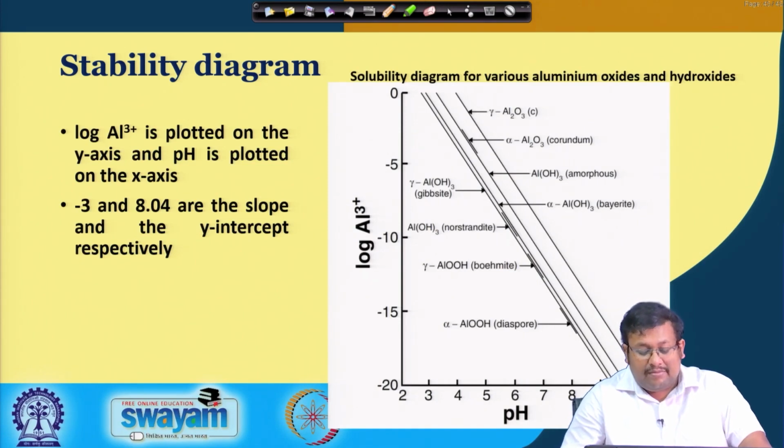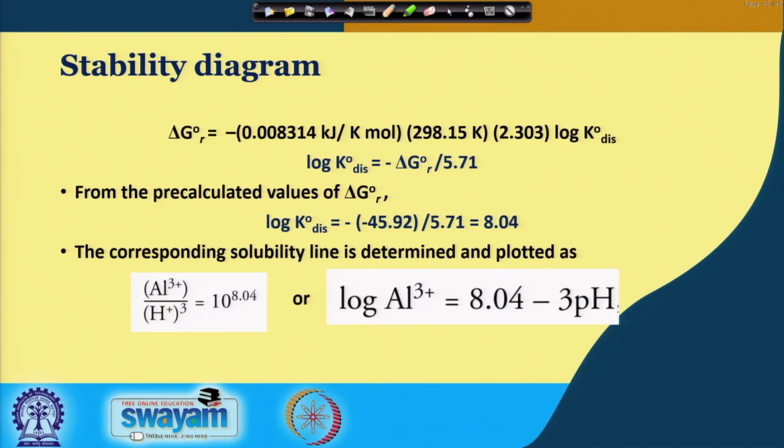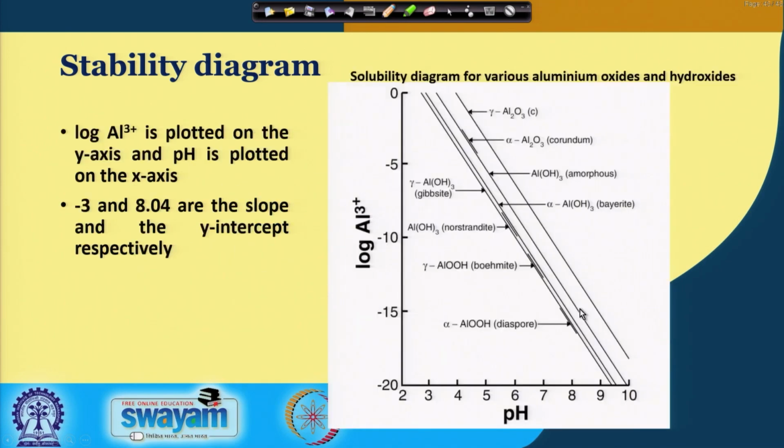So, stability diagram basically here in the linear equation, if this log of Al3+ is our y axis, this is the intercept, and obviously minus 3 is the slope. So, we can see that log Al3+ is plotted on the y axis, pH is plotted on the x axis, and minus 3 and 8.04 are the slope and the y intercept respectively.